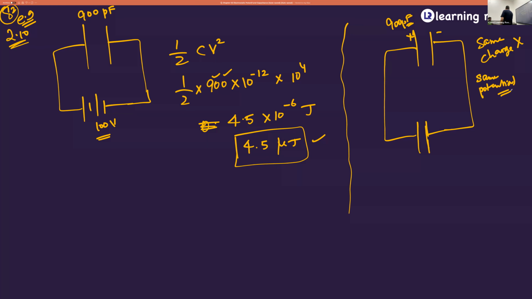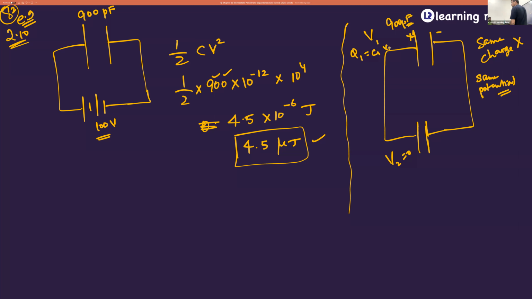Okay. Now, if I take the potential of this capacitor to be V1, here the potential is 0. Now, in the initial scenario, what is the charge here? Can I write Q1 is equal to C1 into V1?